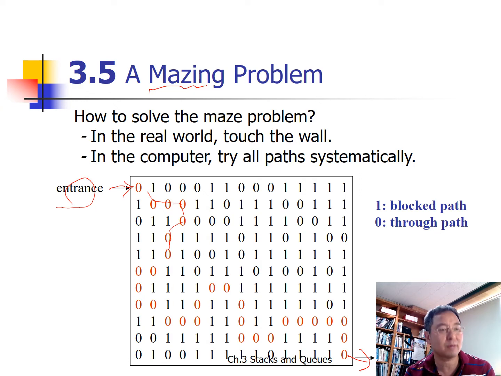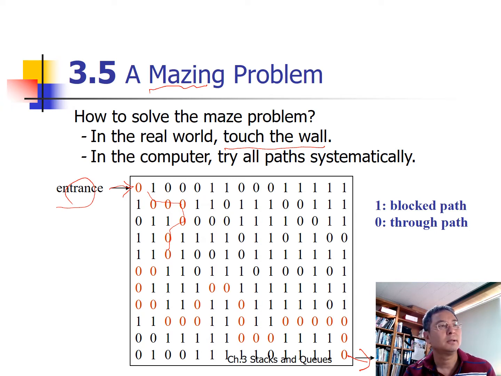So in the real world, in order to solve the maze problem, we must not cross the wall. So we cannot pass the wall. If there is a wall in front of me, then we cannot go in that direction. We must change the direction.